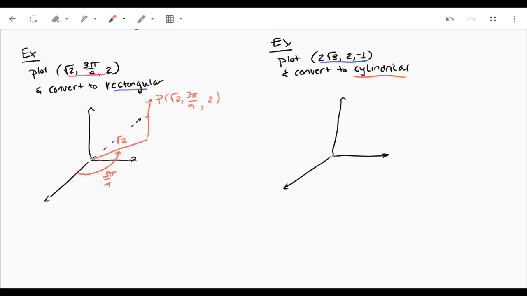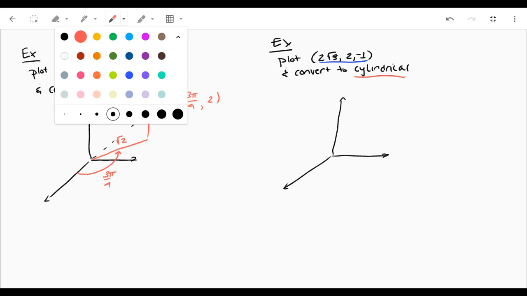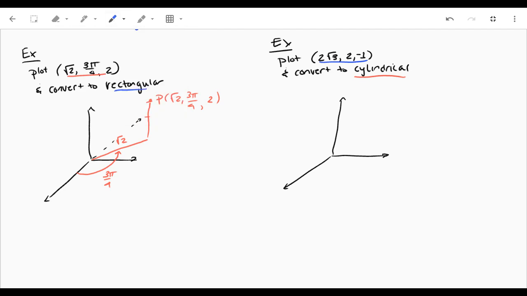In rectangular, x will be r cosine theta, y will be r sine theta, and z is z. Our r is square root of 2, times the cosine of 3 pi over 4, which is negative root 2 over 2.